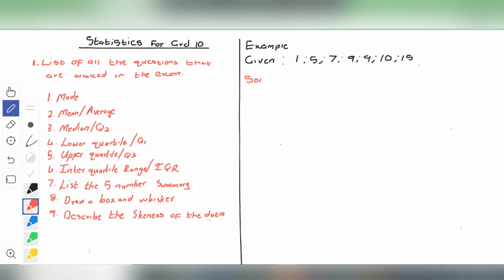The examiner is going to choose from all these questions from question 1 to 9, so if you know them, you already have 95% of question 1.